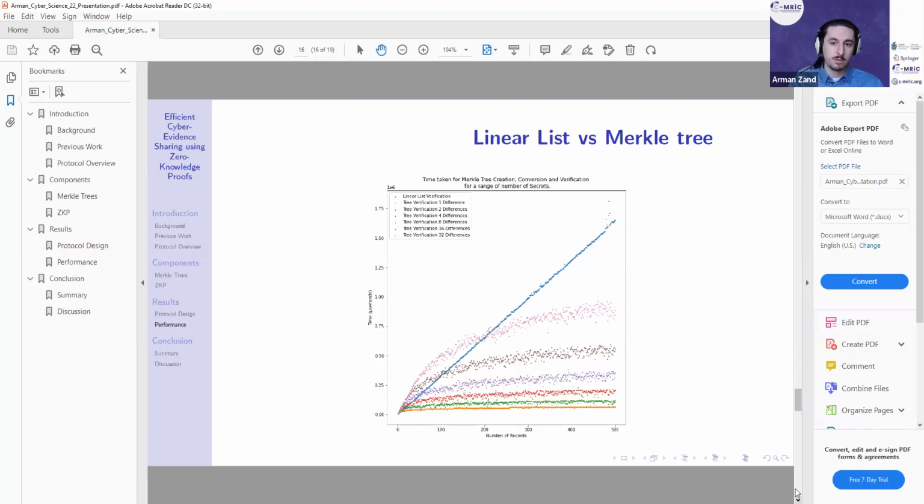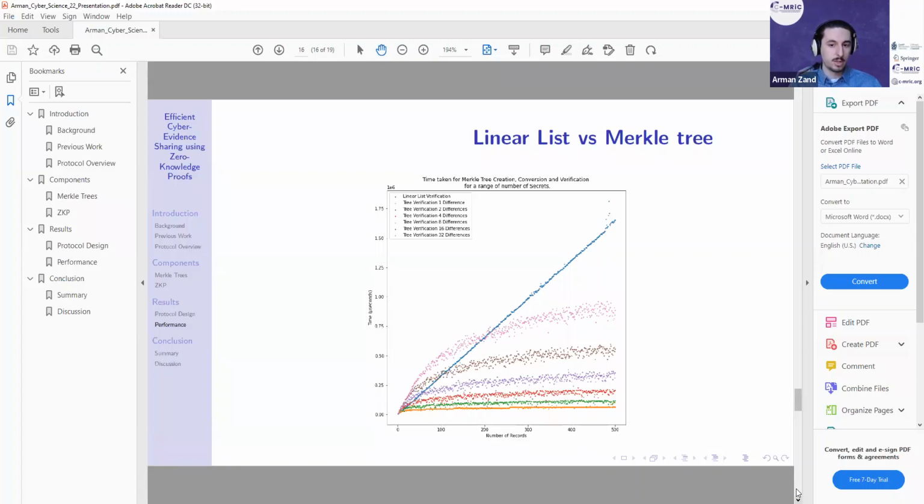comparison of a simple linear list. So imagine that we do a verification of 500 records or so, and we go through all of them one by one, in a simple loop throughout the whole of the list to verify each of the records.